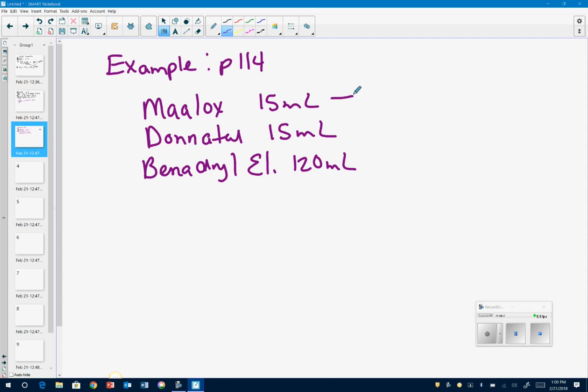Then you're going to add the 15 milliliters of the Donatol, and place the Donatol in the graduate. And then lastly, you're going to add enough Benadryl elixir to the graduate so that the total volume is 120 milliliters. You already have 15 milliliters from the Malox and 15 milliliters from the Donatol. That's 30. So you would need to add 90 milliliters of your Benadryl elixir to get 120 milliliters total.